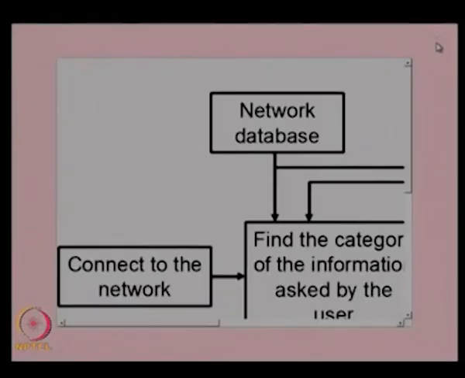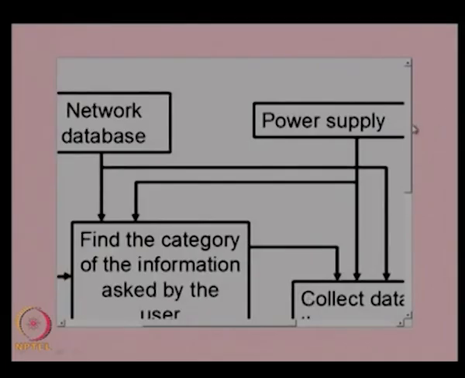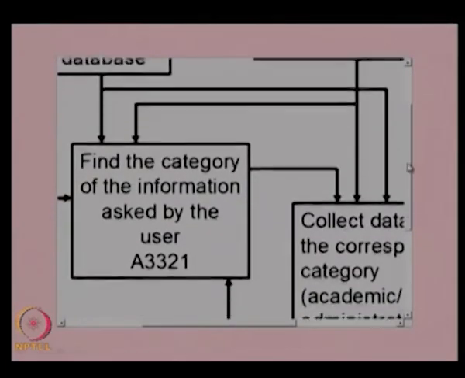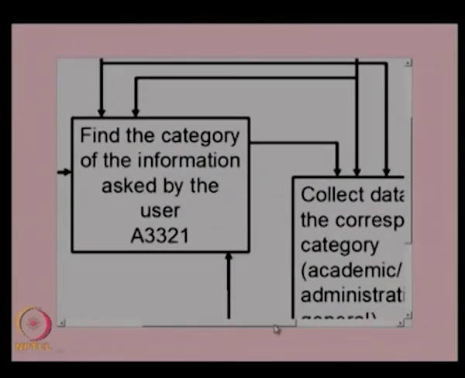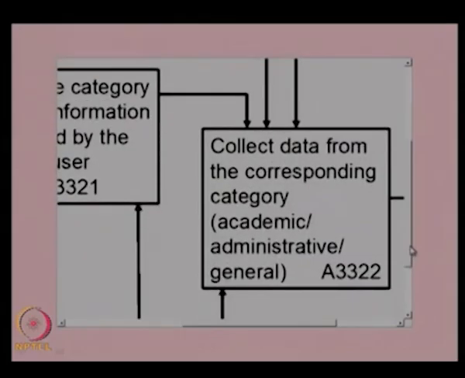So this is how we use the IDEF0 diagram to decompose the main function into its sub functions. This again shows the same previous diagram with more clarity, that the A3221 function and A3222 function are shown in this diagram.